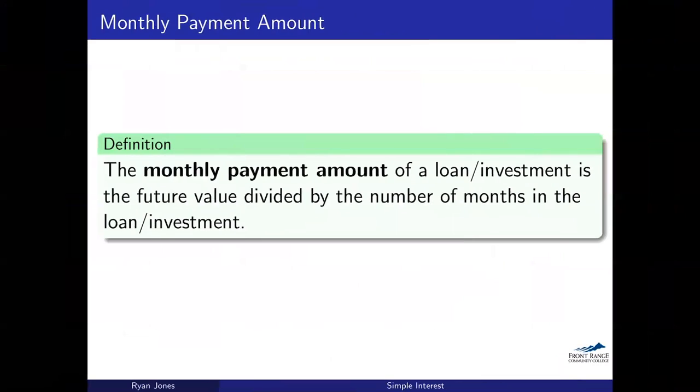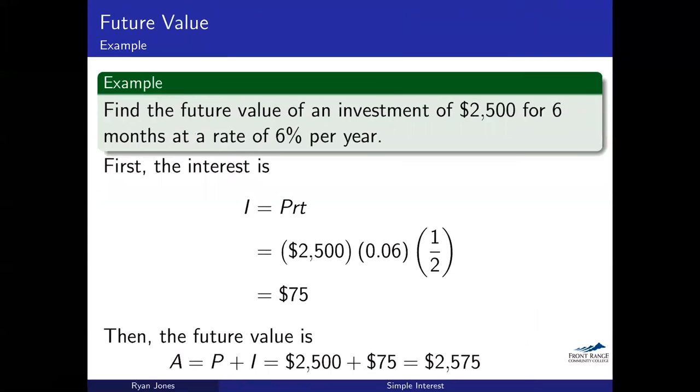So I'll state here the monthly payment amount of, let's say, a loan, just because generally you're paying on a loan. So the monthly payment amount of a loan, it's the future value. So it's how much you have to pay back when it's all said and done. And then you just divide that by the number of months that the loan was taken out for. So we saw here that our future value was $2,575.